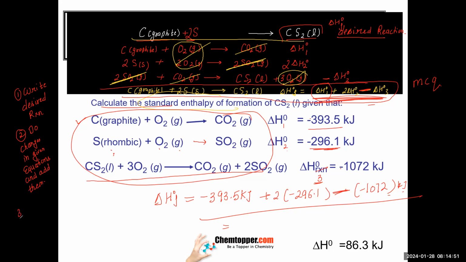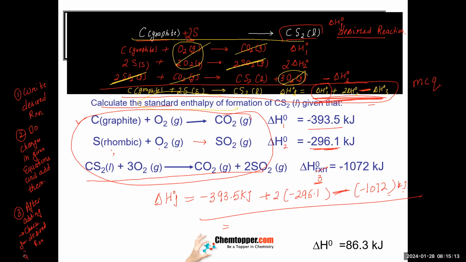Third, after adding, check. Are you getting the desired equation? This is the check step. Check for the desired equation, means whatever is left should be your desired equation or reaction.